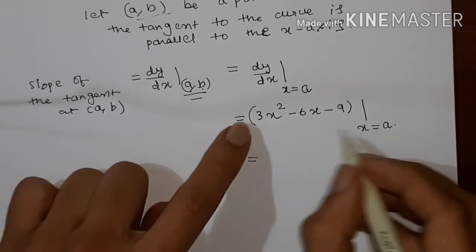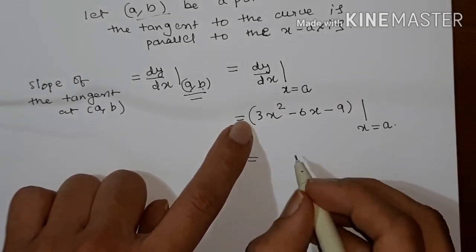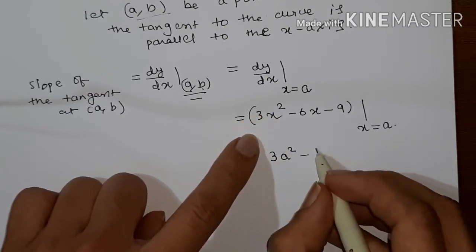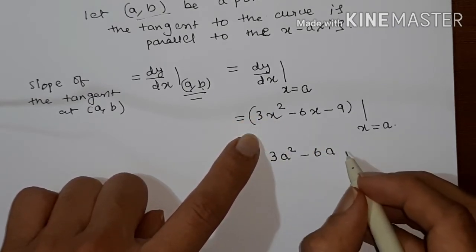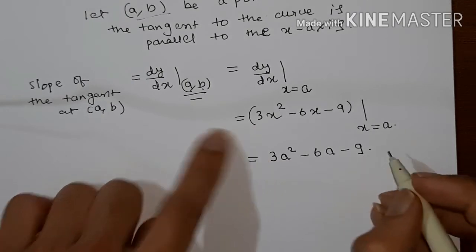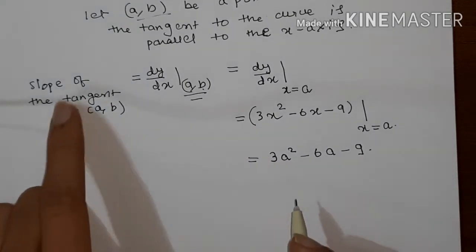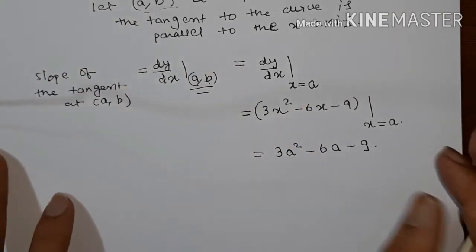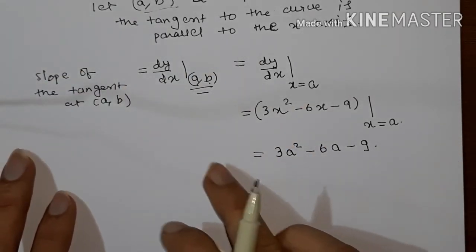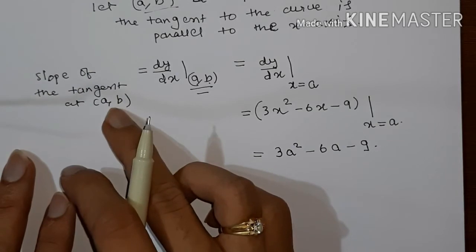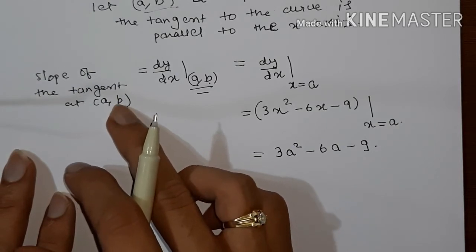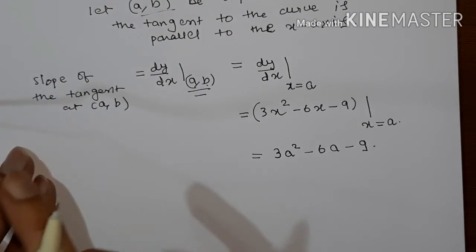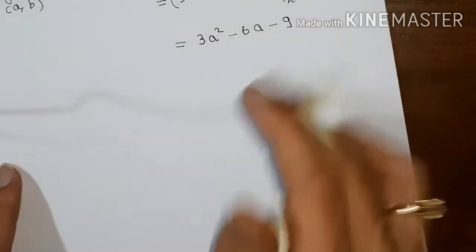Now just substitute a in this expression, so you'll get 3a square minus 6a minus 9. So this is the slope of the tangent at the point a comma b to the curve. Now this tangent first of all should be parallel to the x axis.